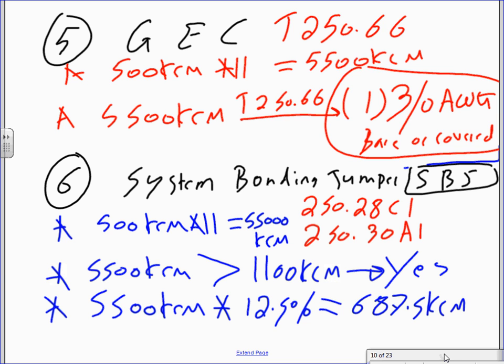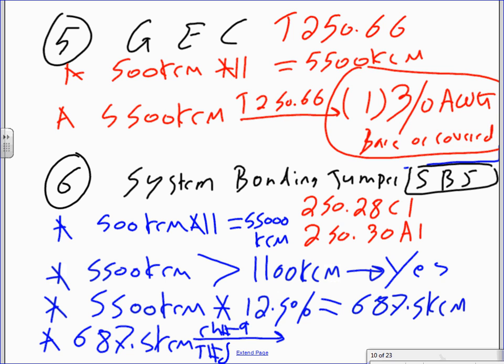Then the last step that you need to do is take the 687.5 kcmil to Chapter 9, Table 8.